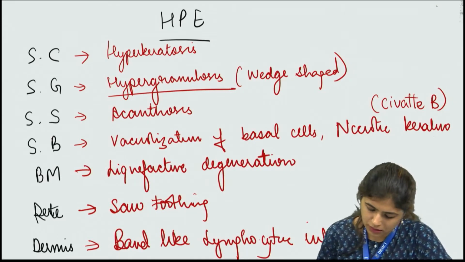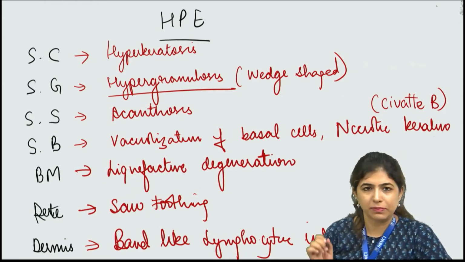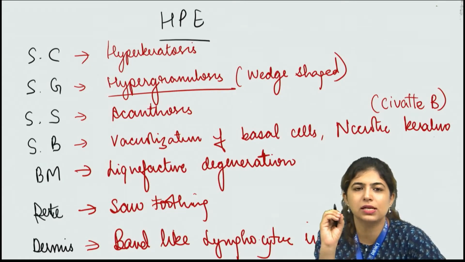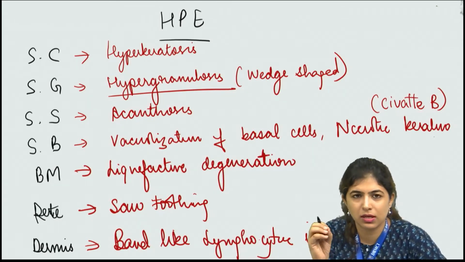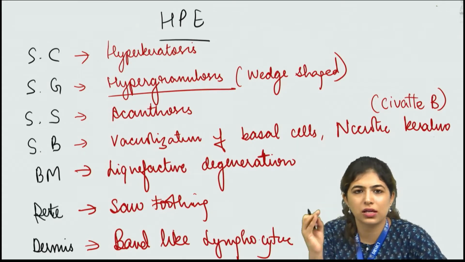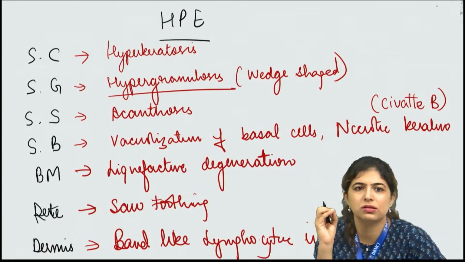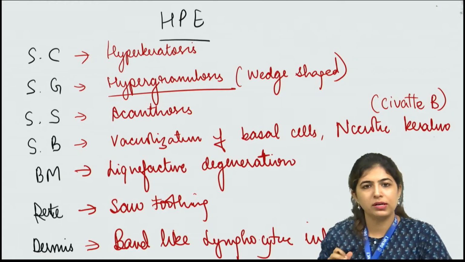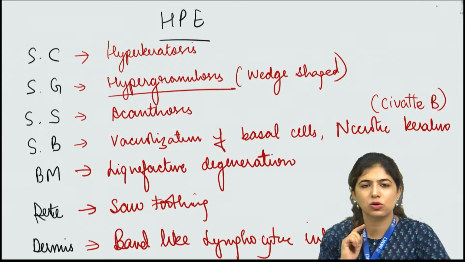And to tell you something, a question involving the histopath of lichen planus is seen almost every alternate year in one of the exams. Histopath of psoriasis and lichen planus are the most important questions that you get in dermatology here. And every point that I've written here is a question in itself.